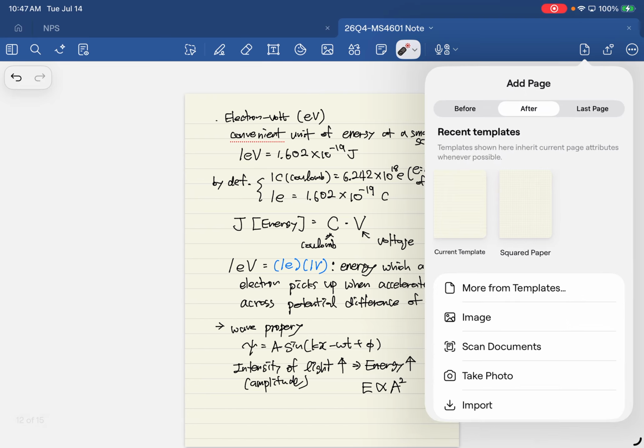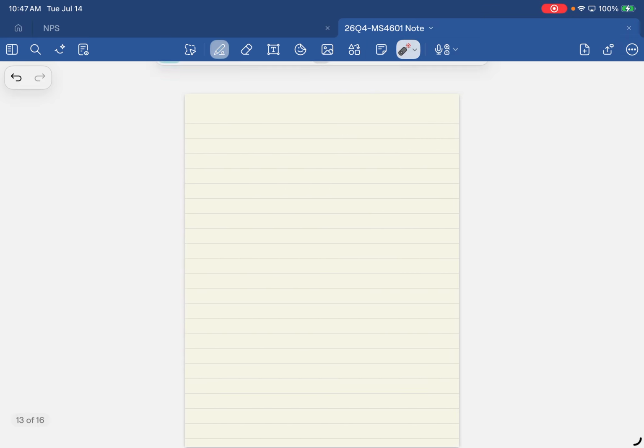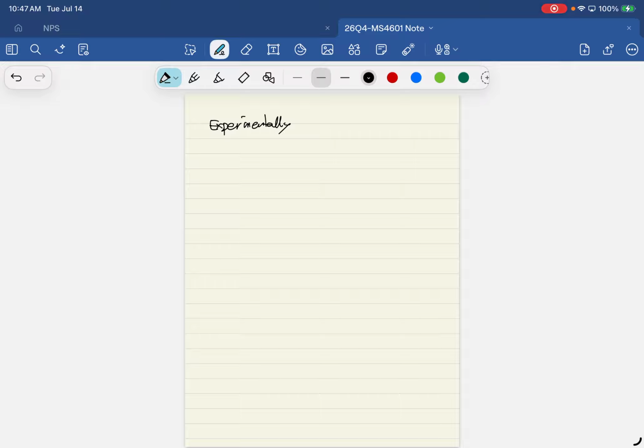Let me write down here. Experimentally, intensity did not affect the energy of photoelectrons.